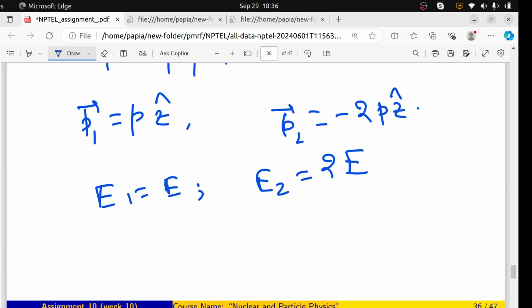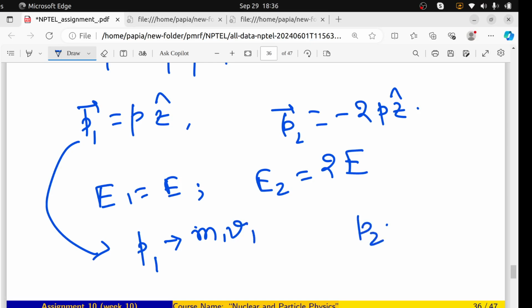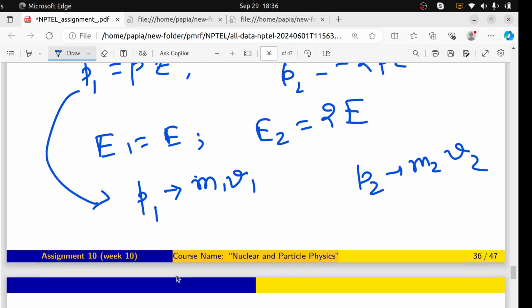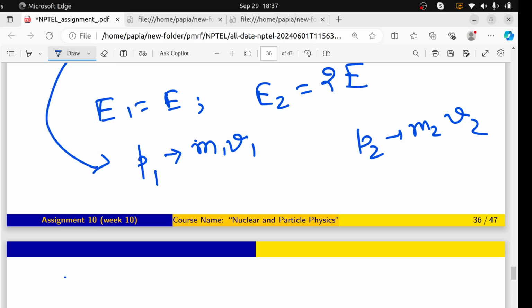Now you can see P1 can be written as M1 V1, and P2 can be written as M2 V2. So I can write P1 equals P z cap, which can also be written as M1 V1 z cap.